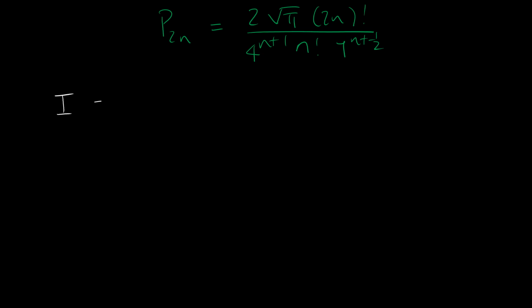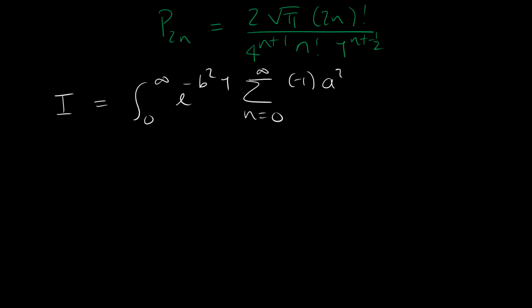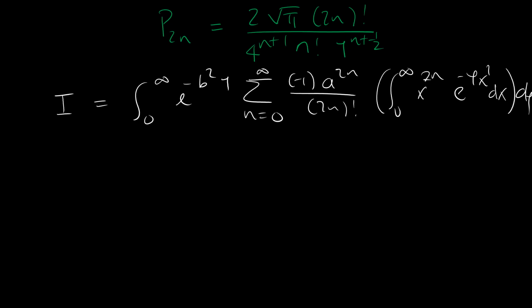So we know our original problem to be this definite integral from y equals 0 to infinity of e to the power b squared y, summation from n equals 0 to infinity of negative 1 to the power n, a to the n over 2n factorial, and then we had now this P2n, which is the same as this.